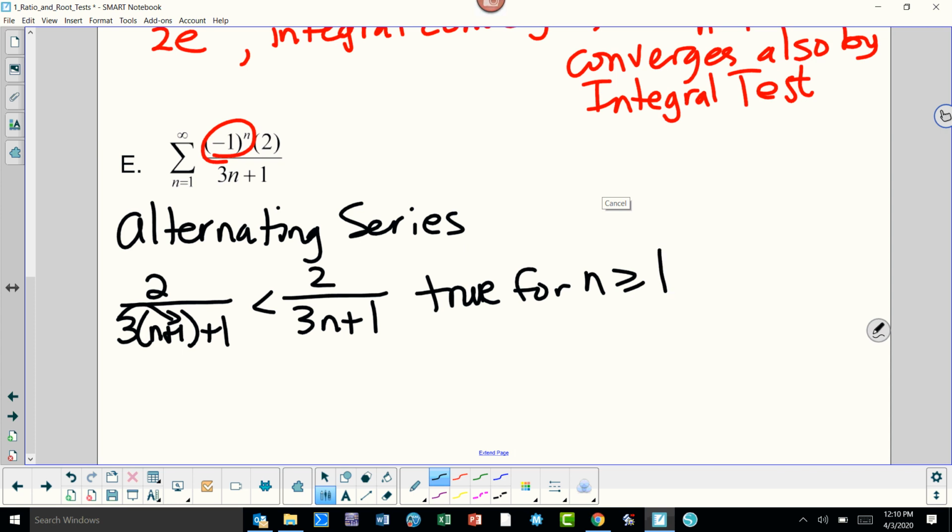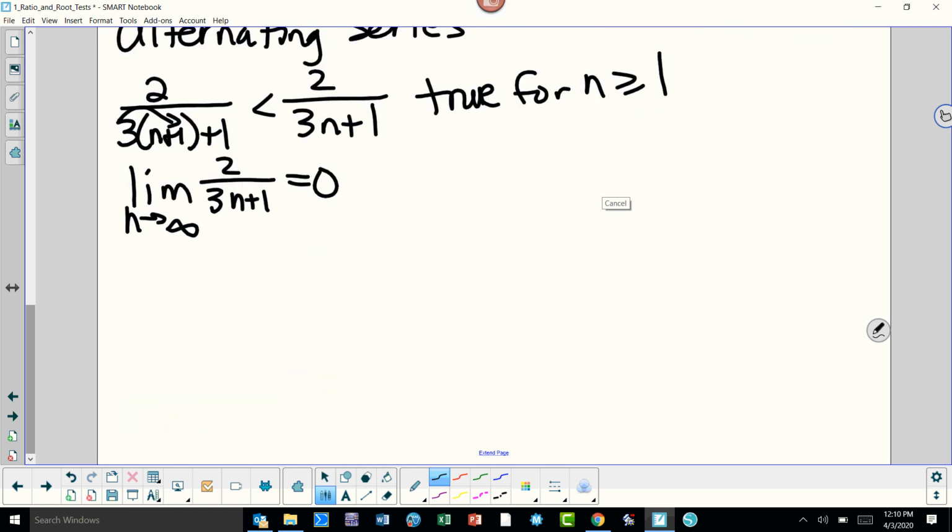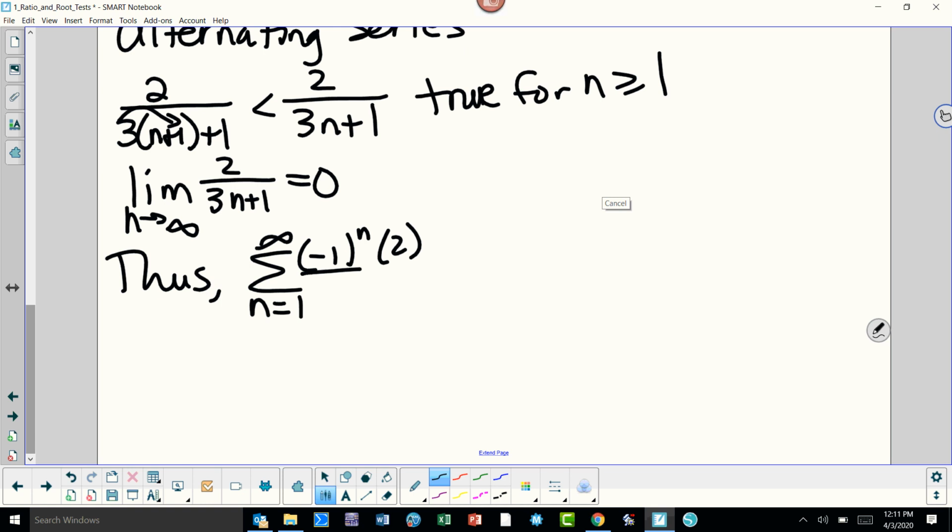And so it is decreasing, and the limit as n goes to infinity of 2 over 3n plus 1 equals 0. Thus, and that's all, remember, all we had to show for the alternating series, negative 1 to the n times 2 over 3n plus 1 converges by alternating series test.